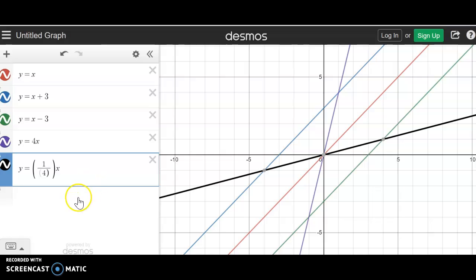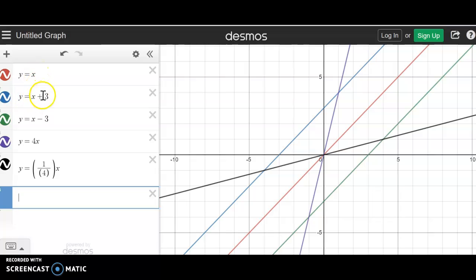And you also know, so what we know is adding to the parent function causes it to move up. Subtracting from the parent function makes the parent function slide down. Multiplying by a number larger than 1 makes the graph steeper.